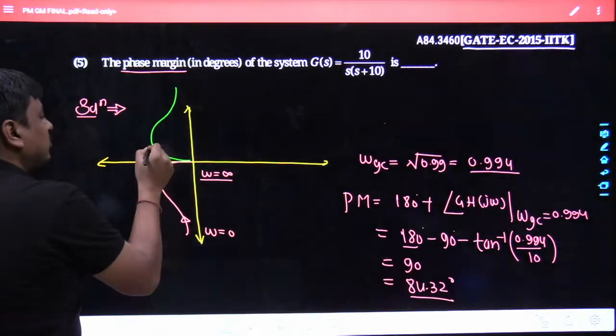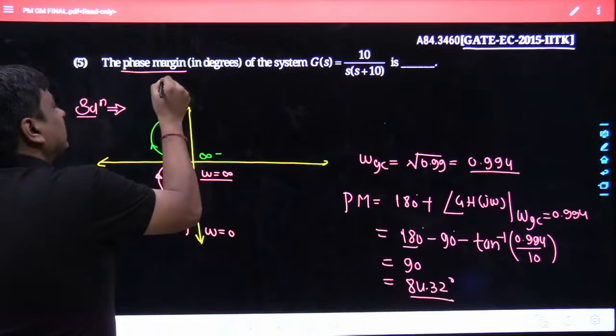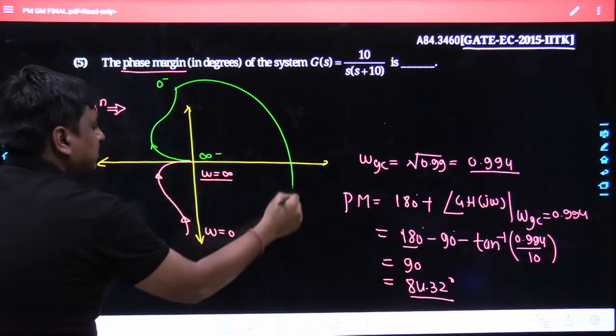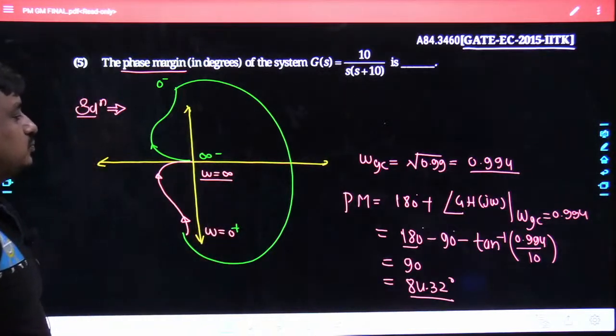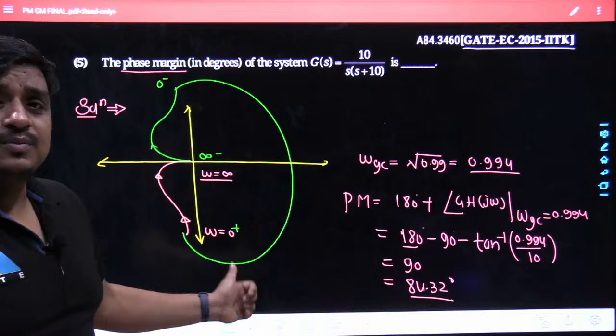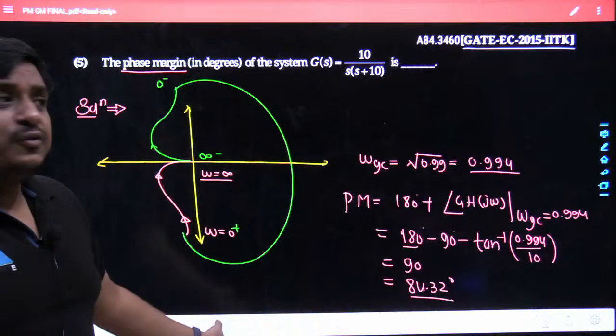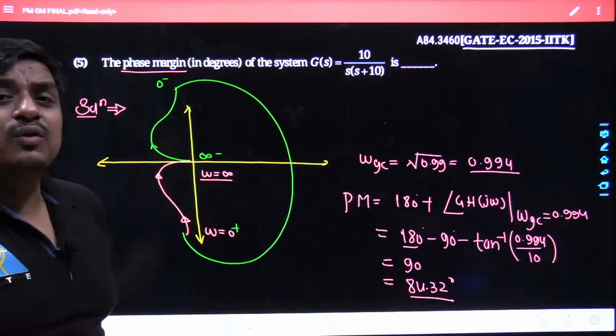How would the Nyquist plot be? It is nothing but infinity minus, 0 minus, and this is 0 plus. Agreed till this point? Nobody should have any doubt as such. Anyways, in this problem, they were asking the value of the phase margin.